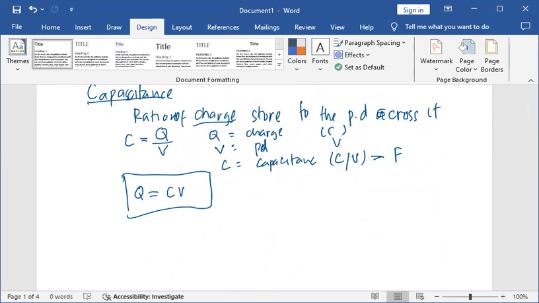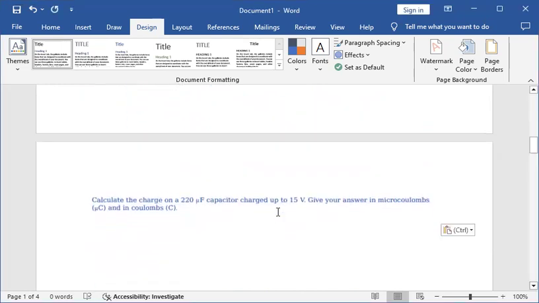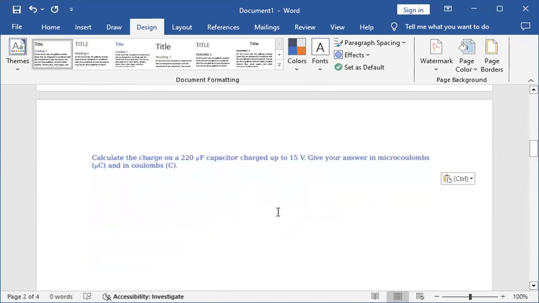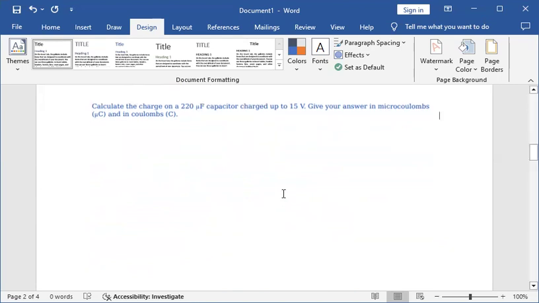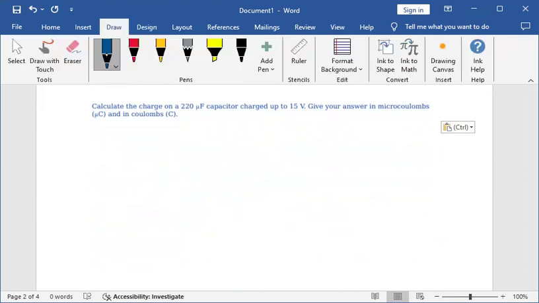And for example, calculate the charge on a 220 microfarad capacitor charged up to 15 volts. Give your answer in microcoulombs and in coulombs. Now let's see this.